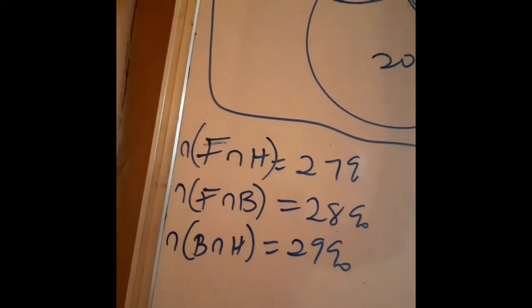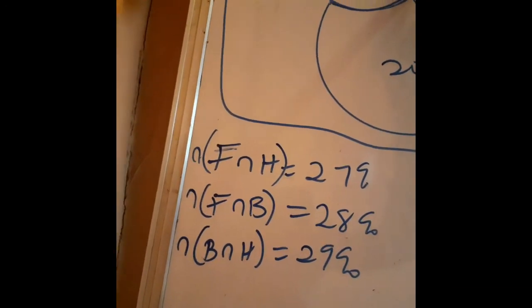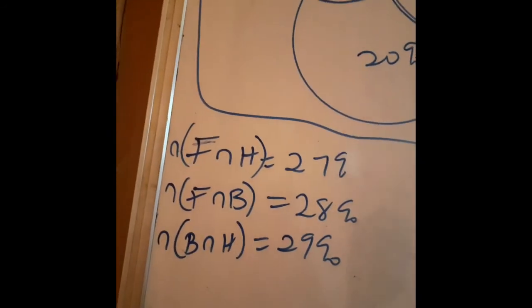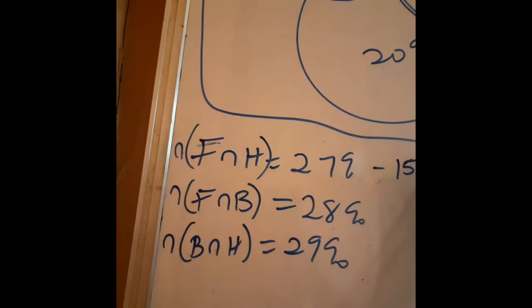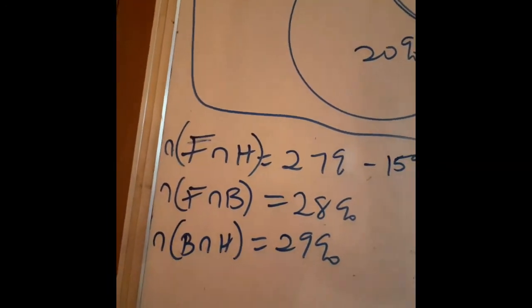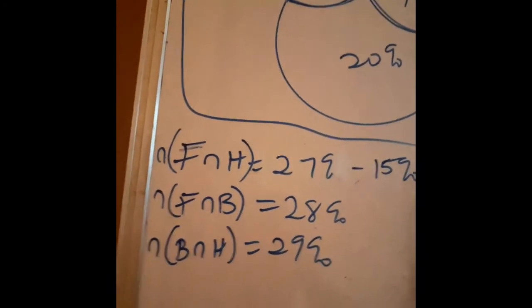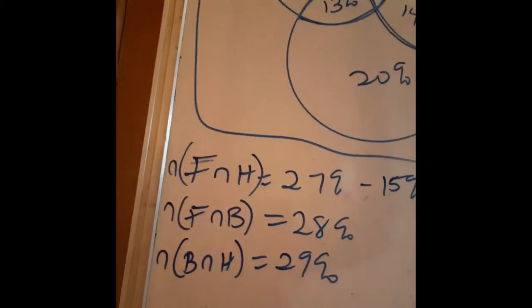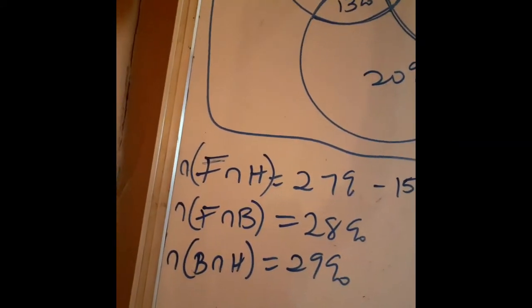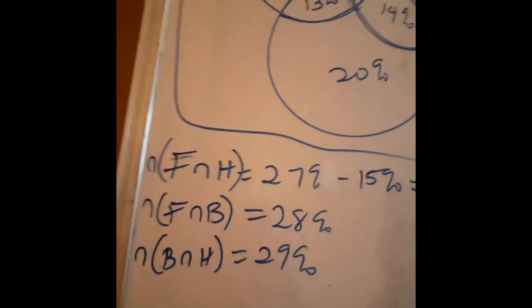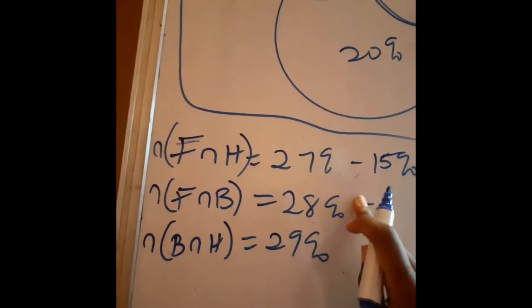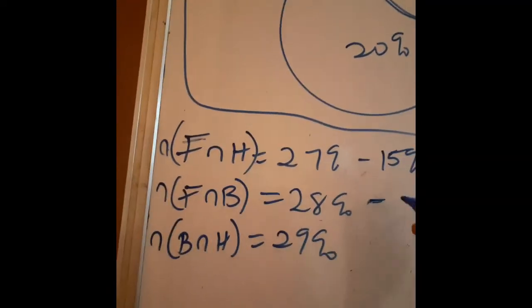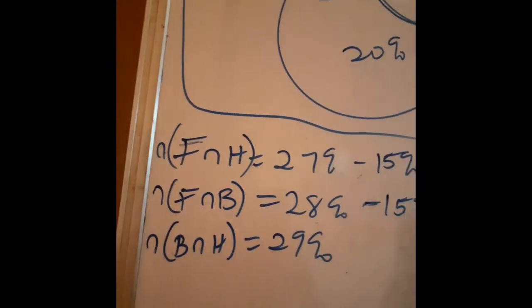So since we got the total number of those in the middle, which is the intersection of all three, we'll minus it, we'll say 27% minus 15%. That gives us the 12 we have here, which is the intersection of F and H. This one, we said 28% minus 15%.